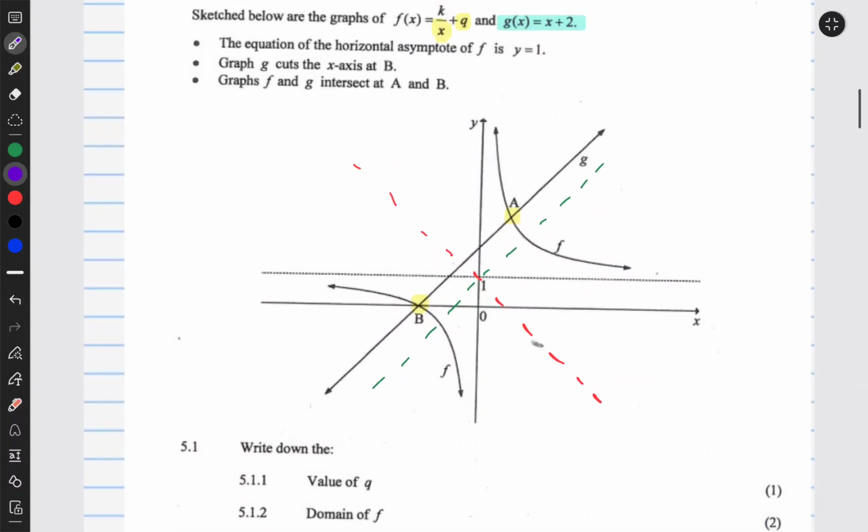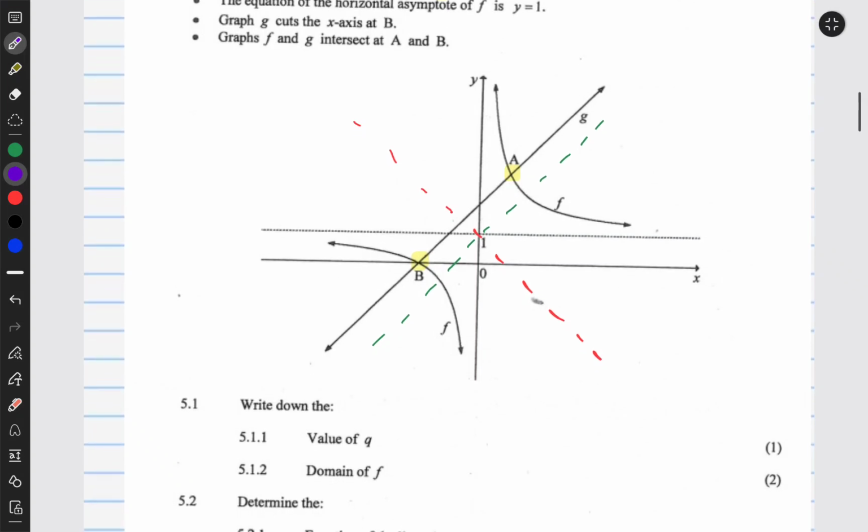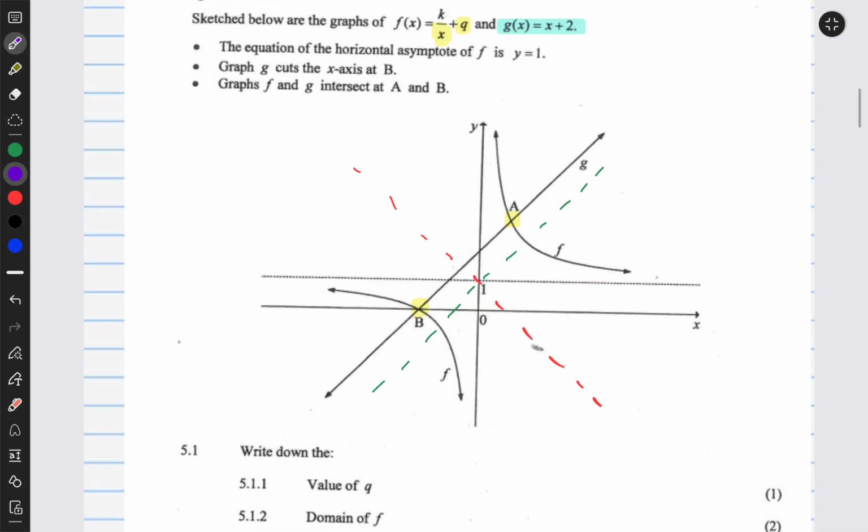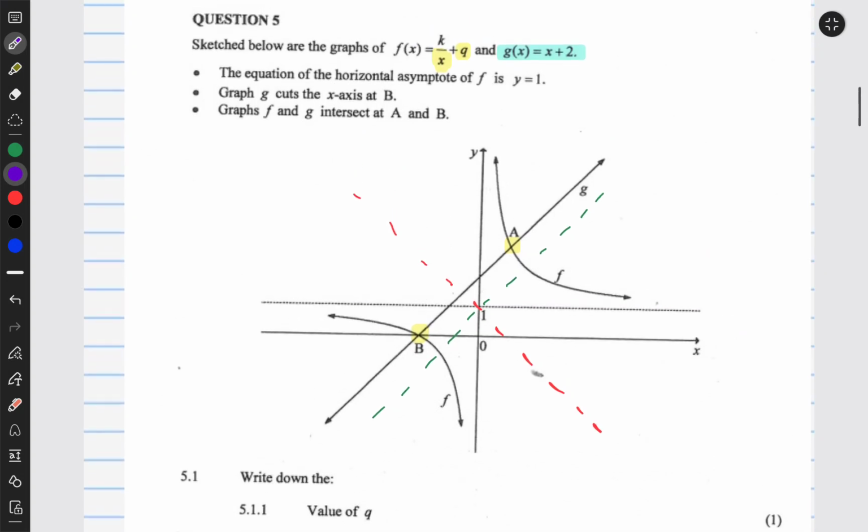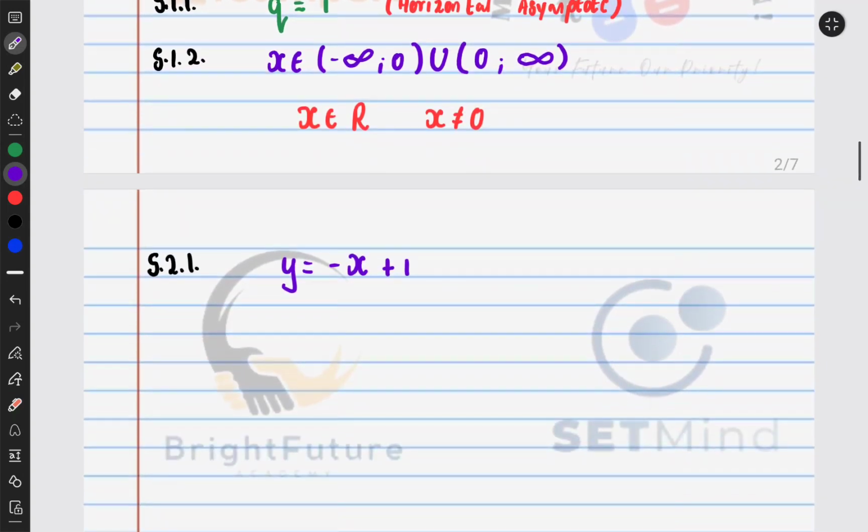But we also need a coordinate, x and y values, that we can use to solve for the value of k. What we know about this function is that it cuts the x-axis at B, which is also the x-intercept of the function g. So we can use that to find the coordinates of B.